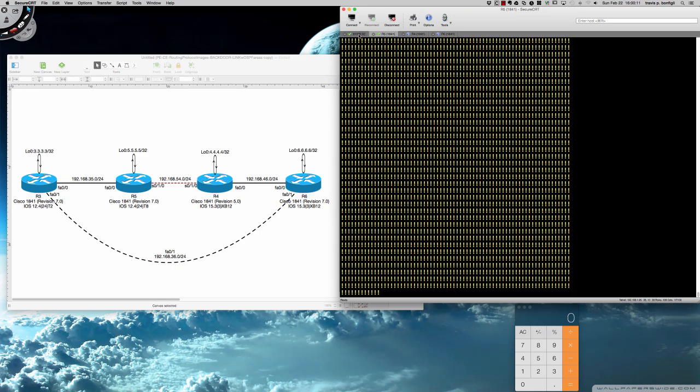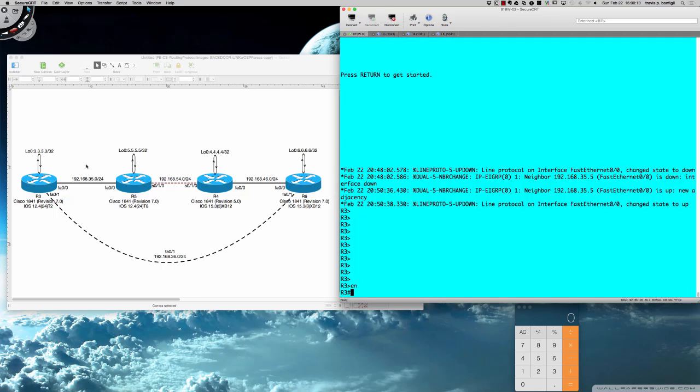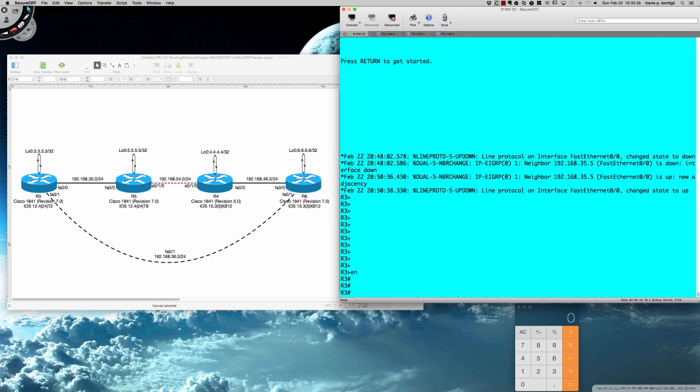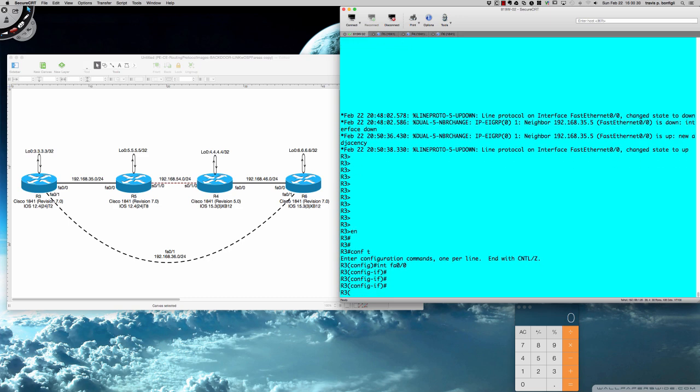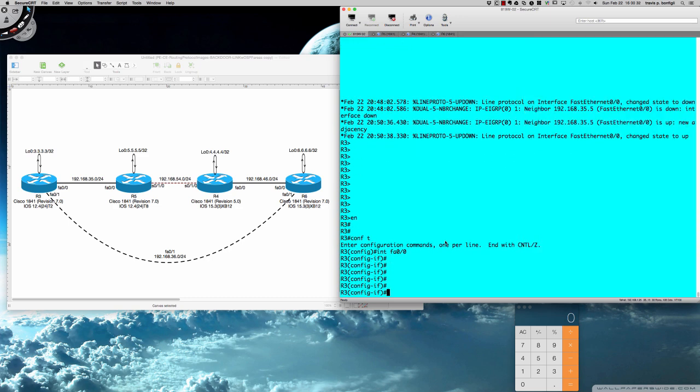But now we're going to step over to router 3, and I'm going to take down the FA00 interface. I'm going to take away router 5's ability to go this way with traffic, to go to 3 and then to 6. So I'm going to say, we'll go to global config mode, interface FA00, and then we're simply going to say shut.